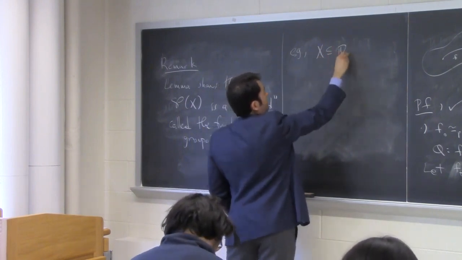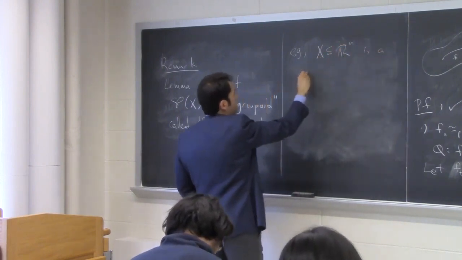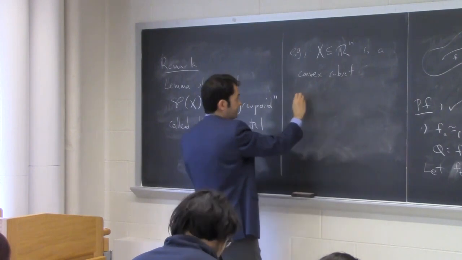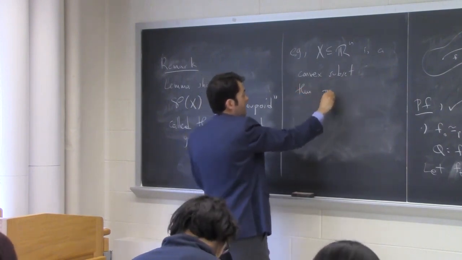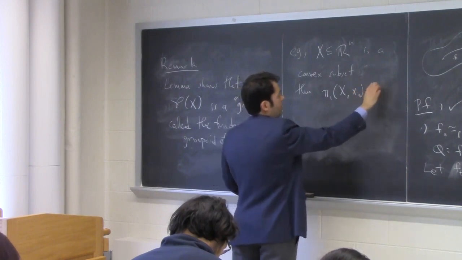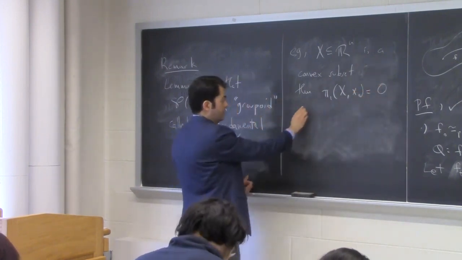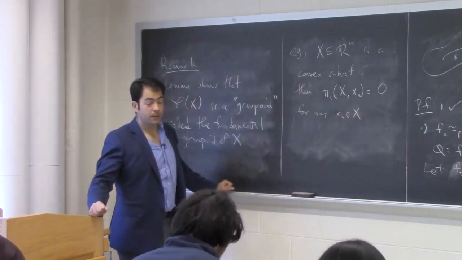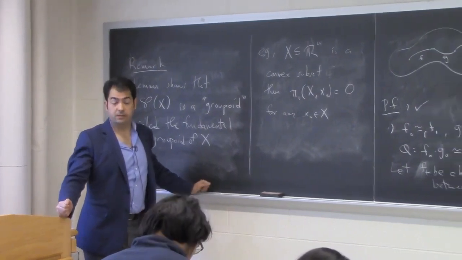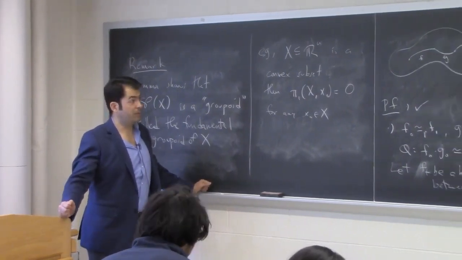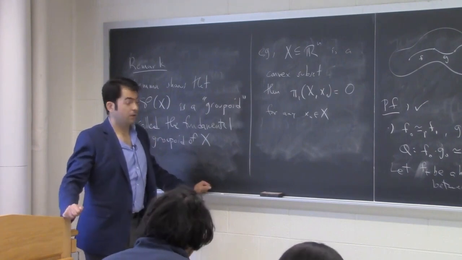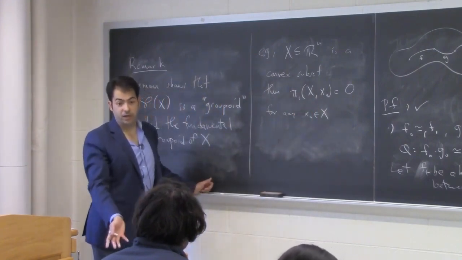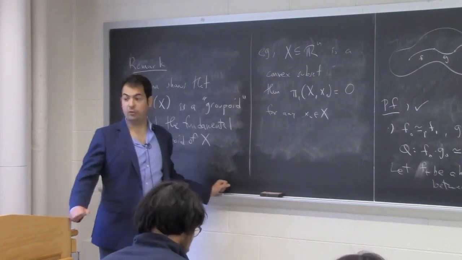If X is a convex subset of R^n, then pi1 of X is trivial for any base point. That's because we saw that paths are path-homotopic if and only if they have the same endpoints. And a loop at x naught has the same endpoints as the constant loop at x naught. So it's path-homotopic to the constant loop.